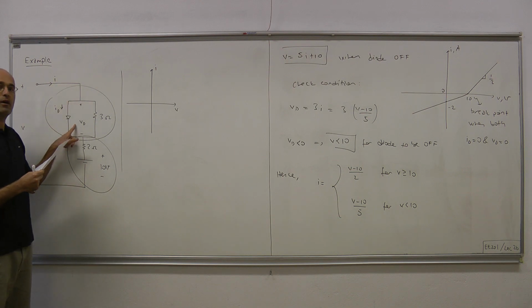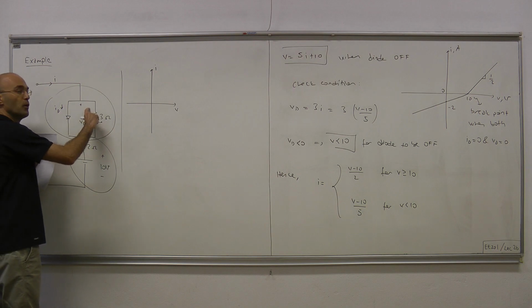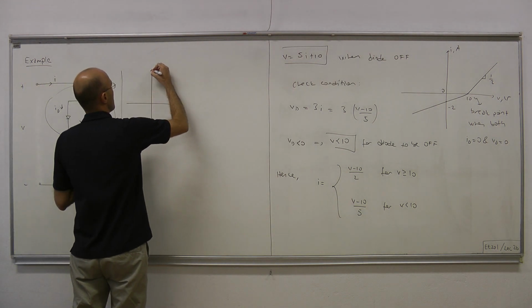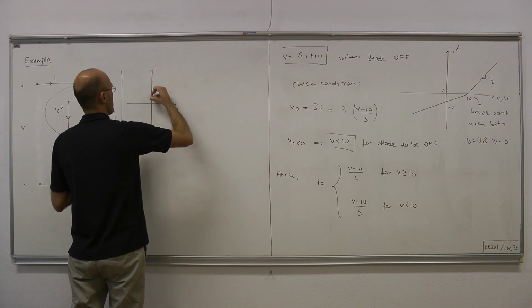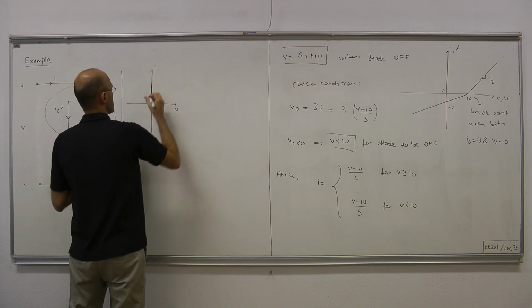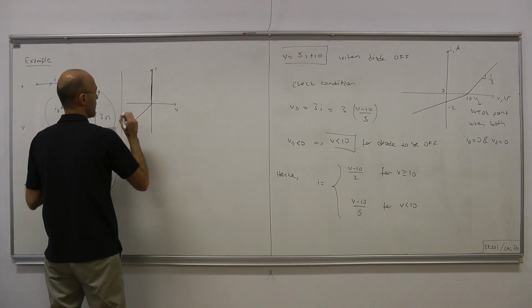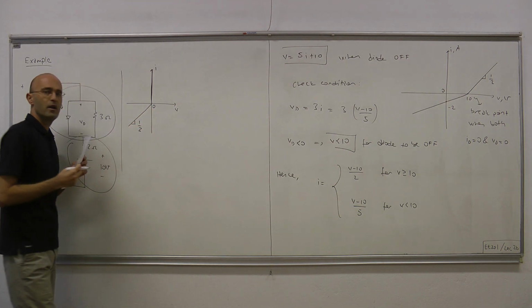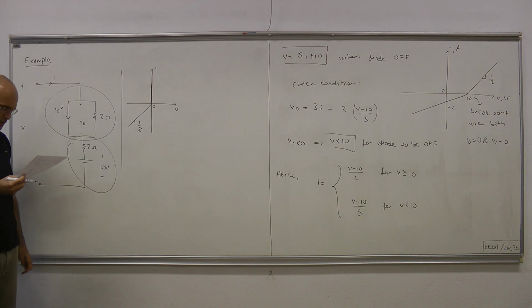What's the IV relationship for this diode connected in parallel with the 3 ohm resistor? It's this. We know from the previous lecture. Okay, this is 0, and here we have 1/3 mhos for the slope.